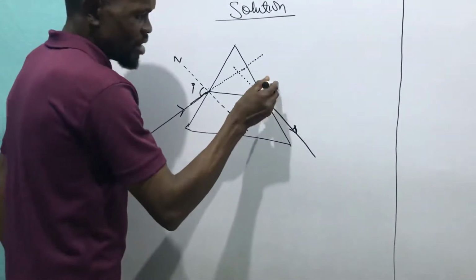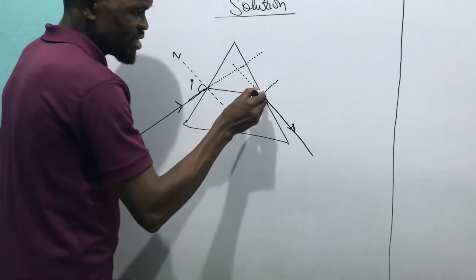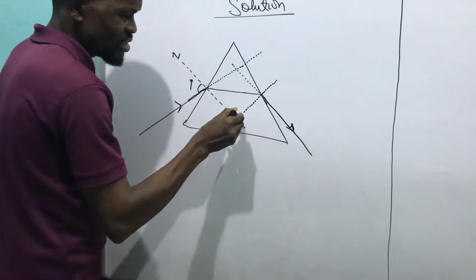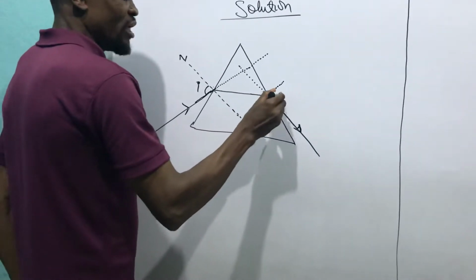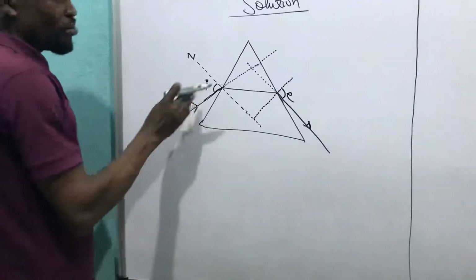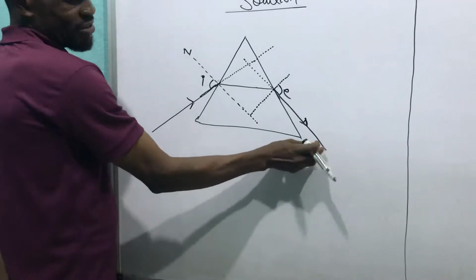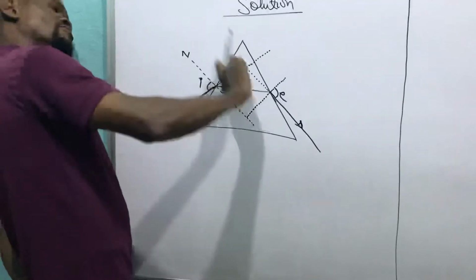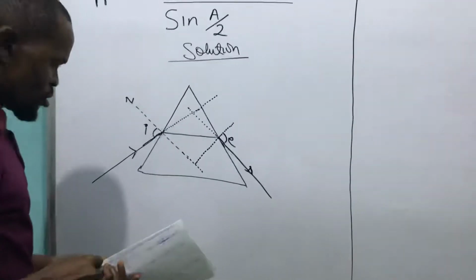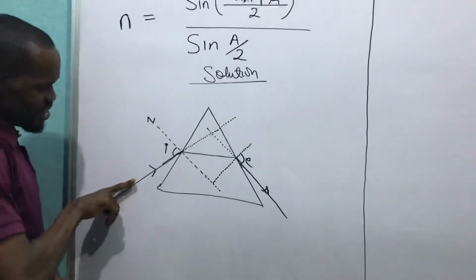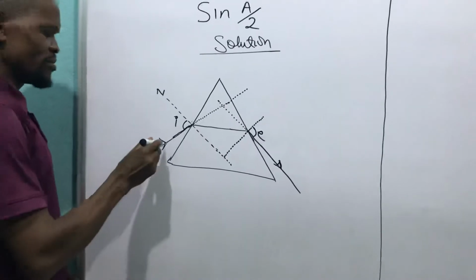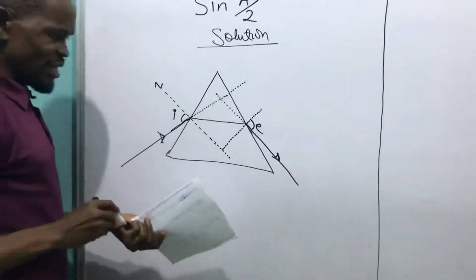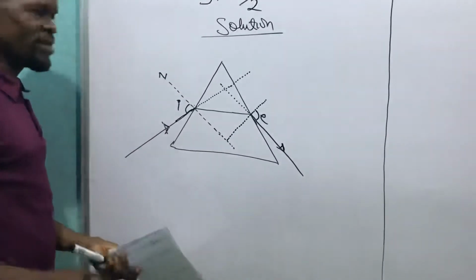And this is my normal. I have to draw the normal for this emergent ray. Then this is my E. Somebody will be looking at this ray as if it's coming out somewhere here, that it is supposed to continue moving this way. But what you see is that it emerges out from here.